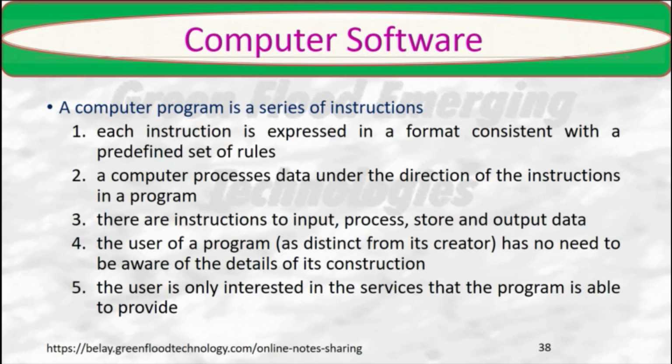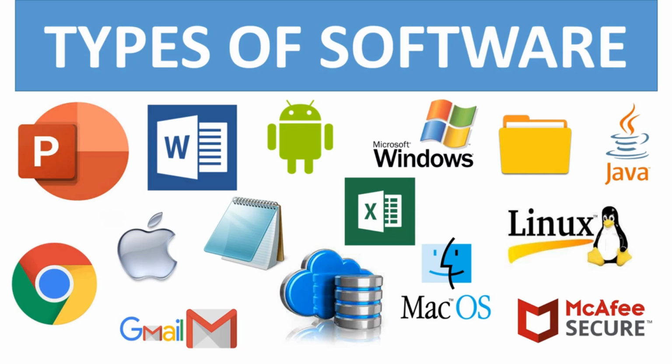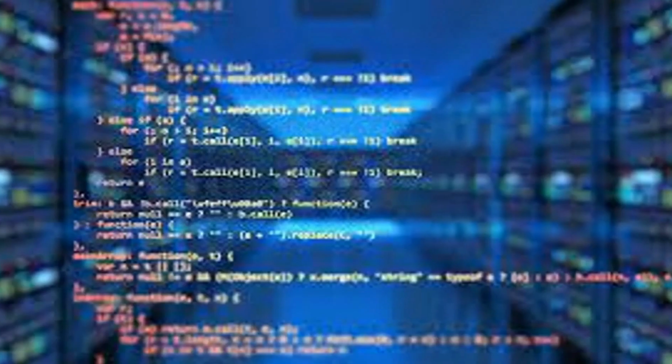Software is a set of instructions that control or order us, telling the computer how to do, what to do, when to do.